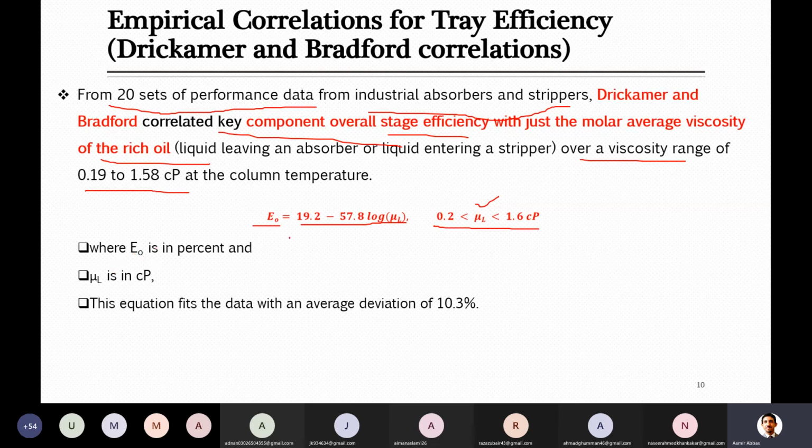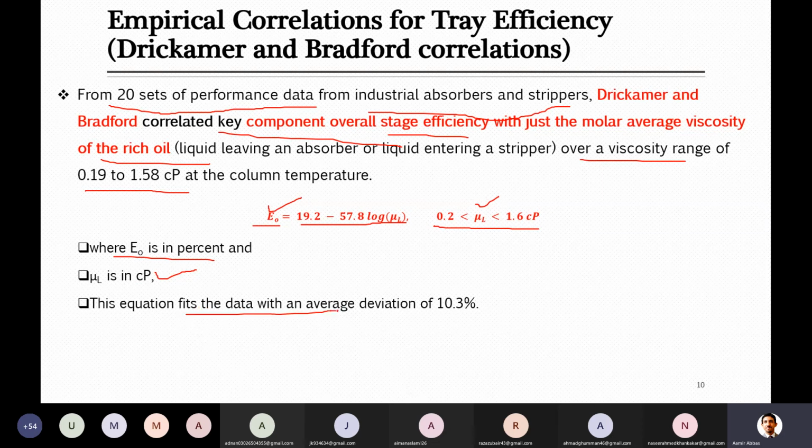If you want to look at the units, E0 is in percentage, and mu L is in centipoise. If we are using this equation, the unit of mu L should be centipoise, and then you can use it.